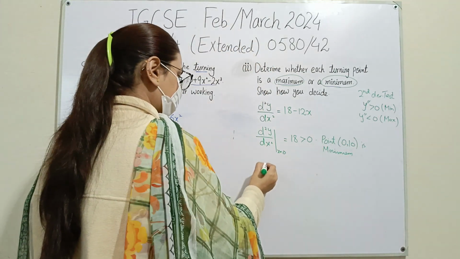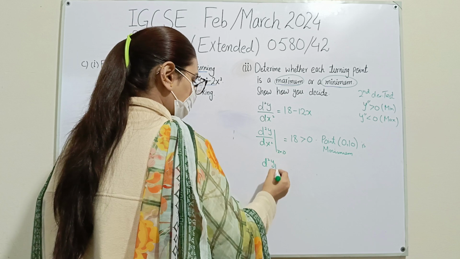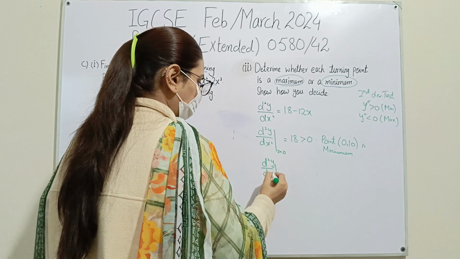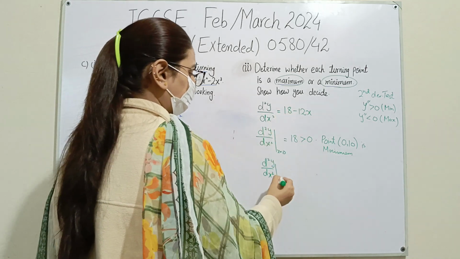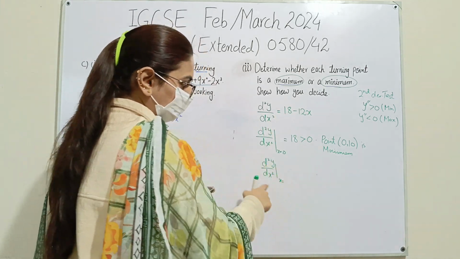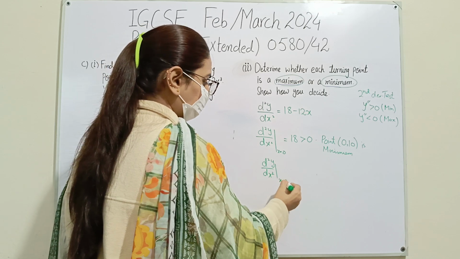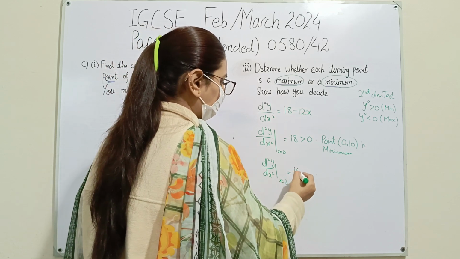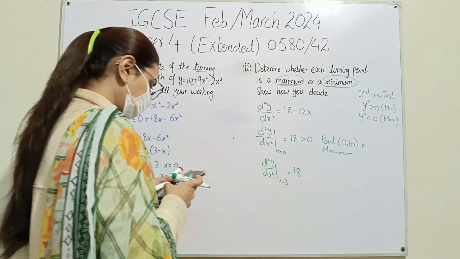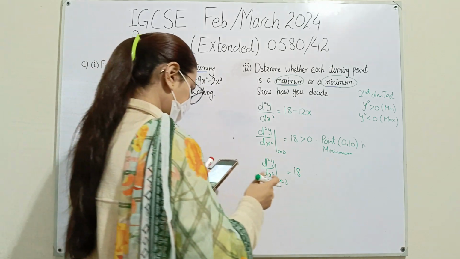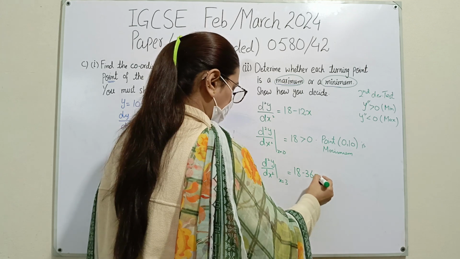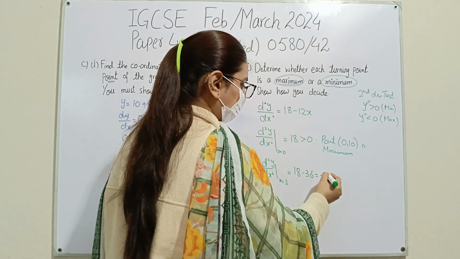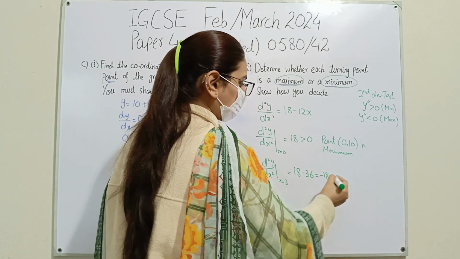In the same way, put the value of x equal to 3 in the second derivative. The value of the second derivative at x equal to 3 will be 18 minus 36, that is equal to minus 18, and this is less than 0.